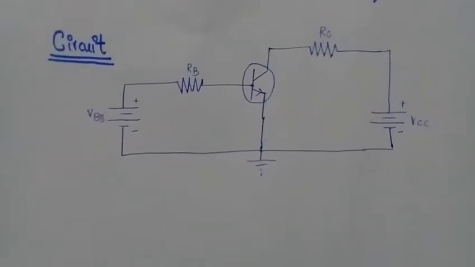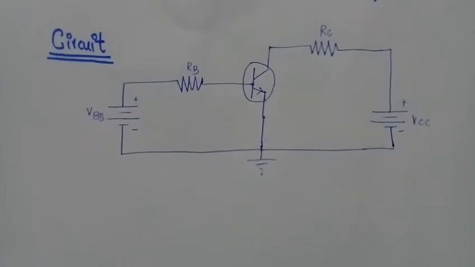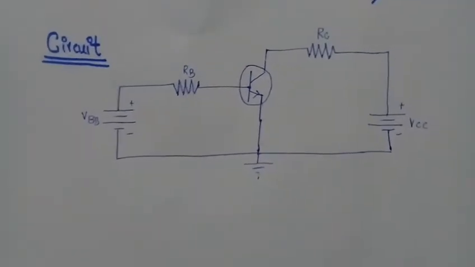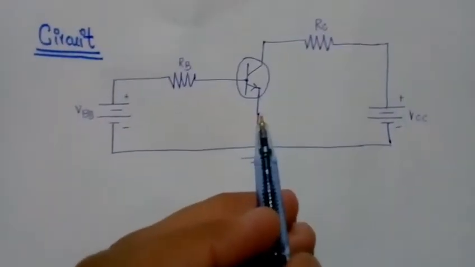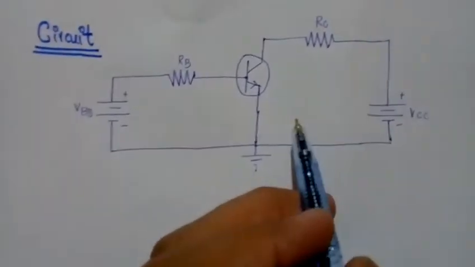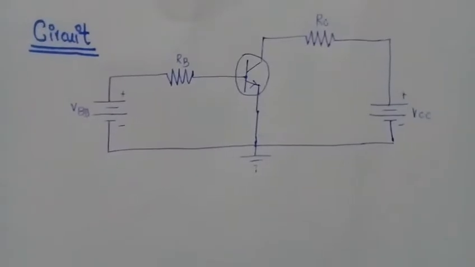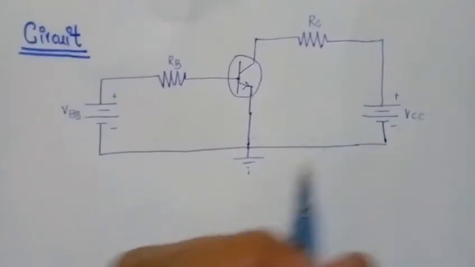In this circuit, you will see that the emitter branch is common between the input loop and the output loop. How will you determine which is the input loop and the output loop?